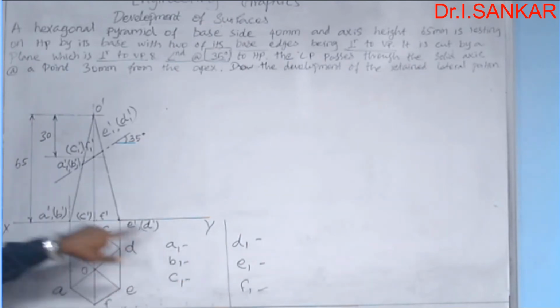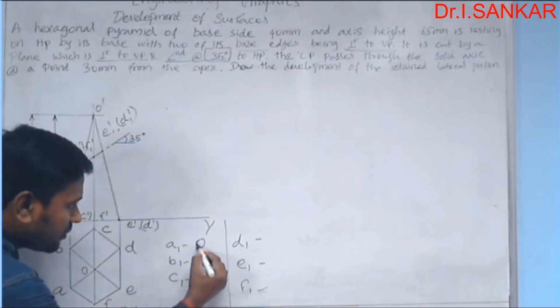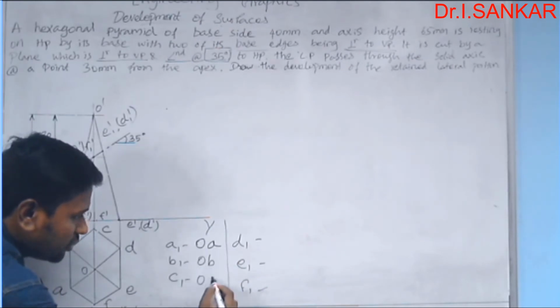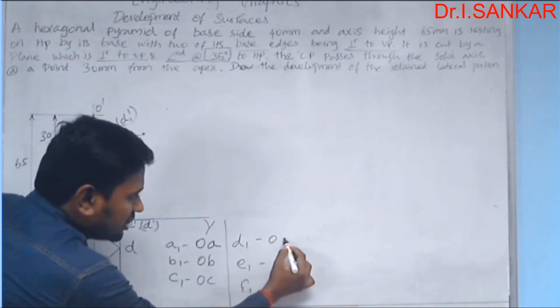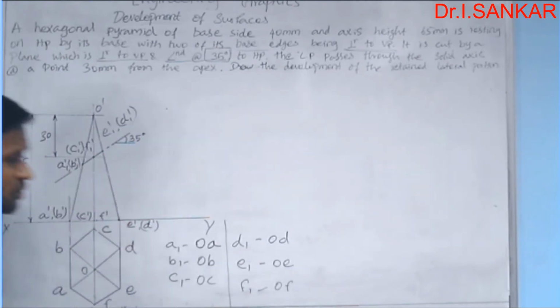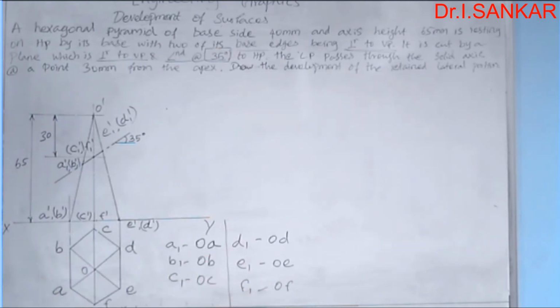So for the cut point A1 dash, what is actually the address? OA. In the same way for B1 it is OB, for C1 it is OC, for D1 it is OD and OE, and further OF. So these are all the addresses of each and every cut point, which I just noted. And then just project your cut points towards the top view area and mark them in their respective addresses.